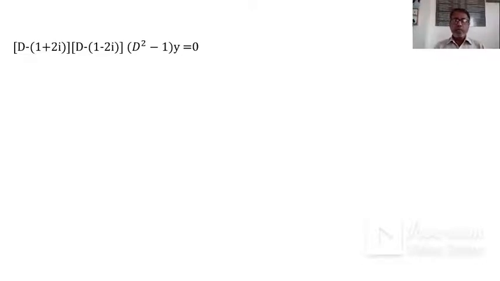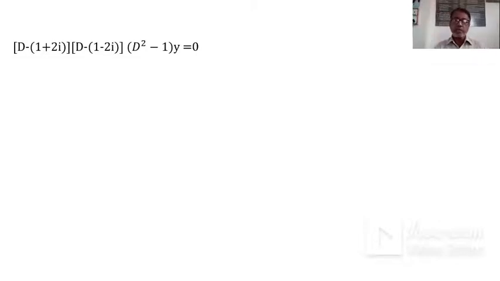Then we operate this operator on equation 1, and we get D minus 1 plus 2i, D minus 1 minus 2i, D square minus 1 of y is equal to this operator D minus 1 plus 2i into D minus 1 minus 2i operating on e to the power x sine 2x, and this is to be 0.